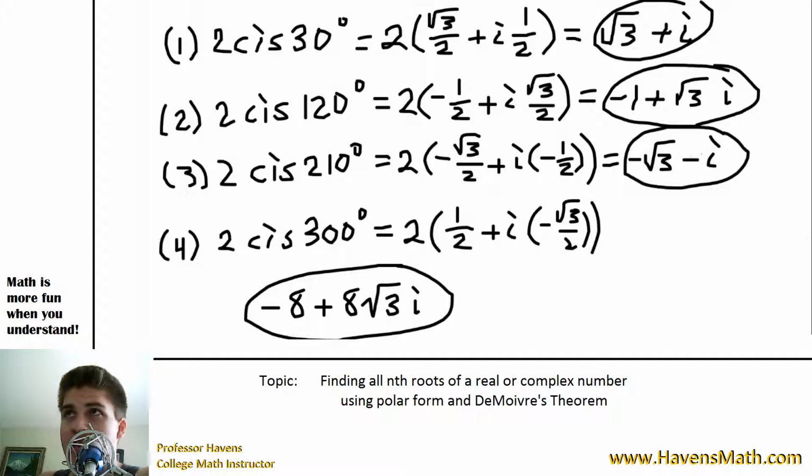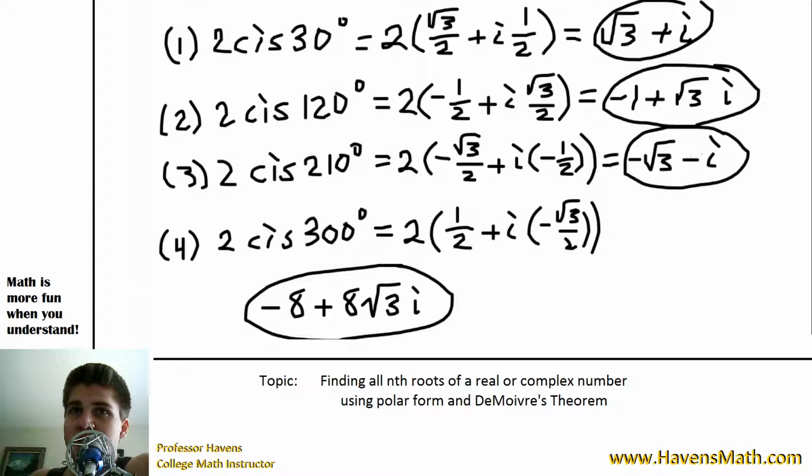Again, notice that this third root and the first root are conjugates, which, as I mentioned in the last video, should happen. Sorry, they're not conjugates. As I mentioned in the first video, if you're dealing with real polynomials with real roots, conjugates should always be a part of it. But if you're dealing with complex numbers and complex roots of complex numbers, they won't always necessarily be conjugates of one another.